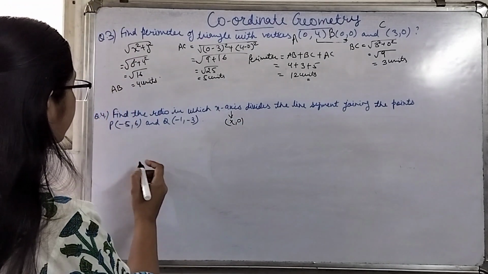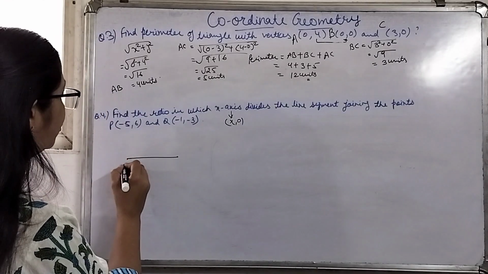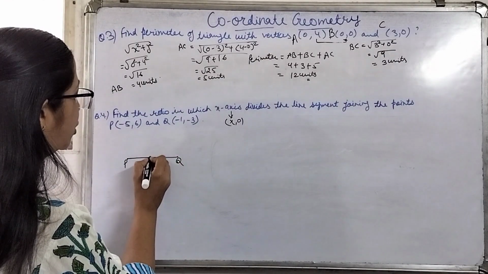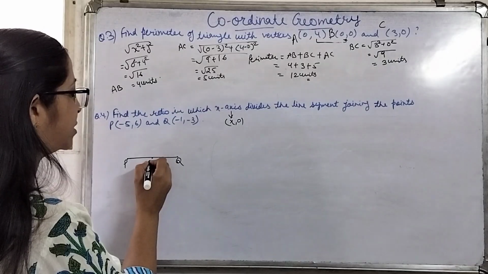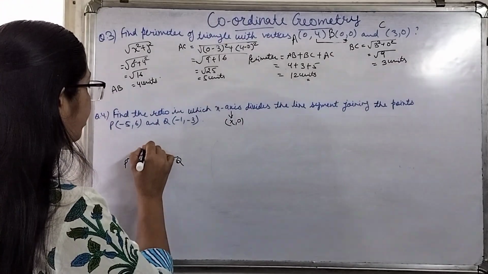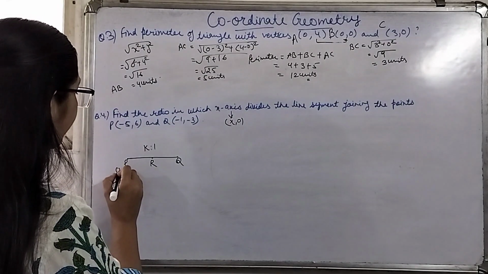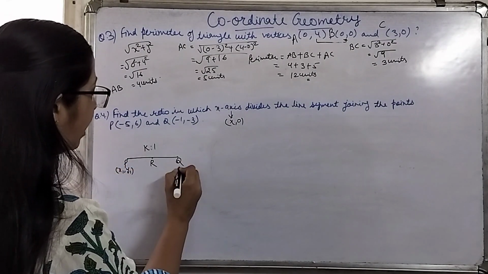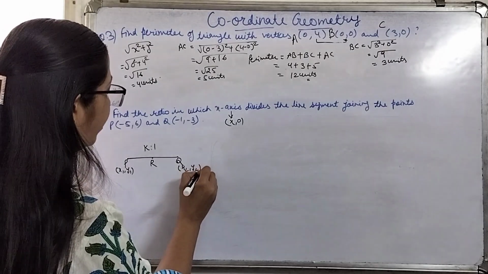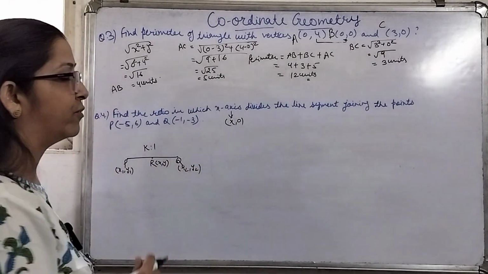And we have learned in the previous video that if there are 2 points, suppose P and Q are given, and there is any point in between, suppose I am taking it as R, and it is dividing the line PQ in the ratio k:1. Suppose the coordinates of point P are (x1, y1), and of Q are (x2, y2), and the coordinates of point R are (x, y).